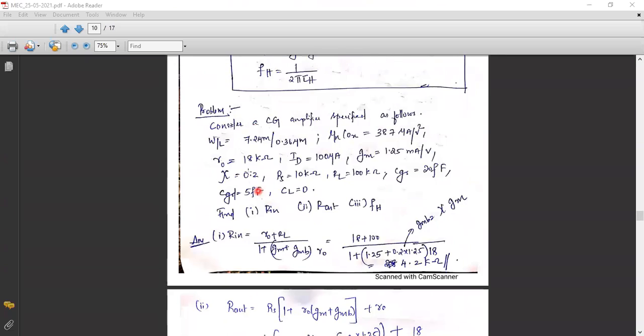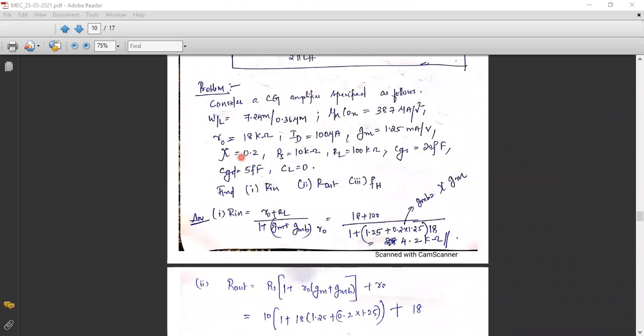So take down this problem. Consider a CG amplifier specified as follows. W by L. What is W by L known as? Aspect ratio.